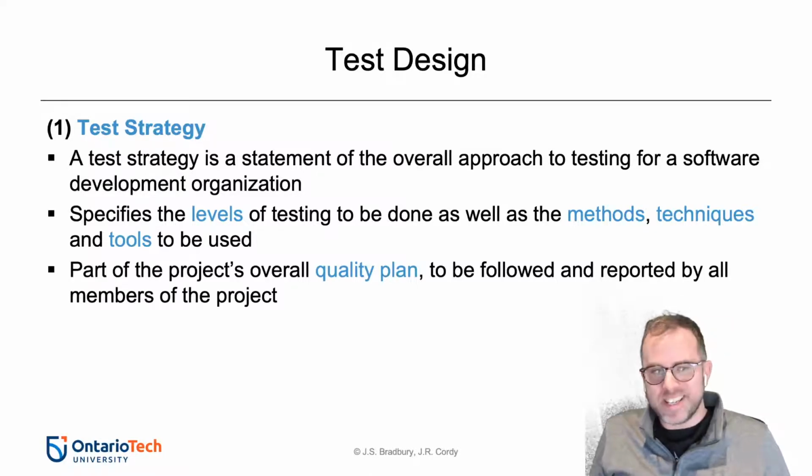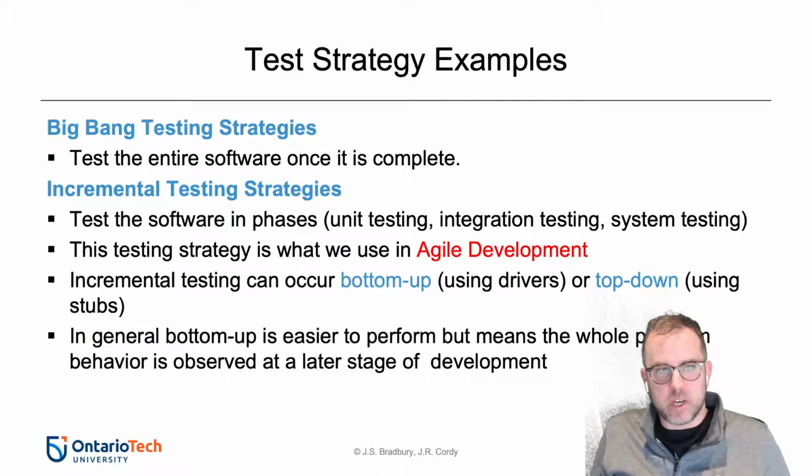So, what is an example of a strategy for testing? Well, one strategy, and these are really high-level strategies. A real strategy description will include a lot more detail, but I just want to give you a general idea. One way of thinking about testing as a strategy is what we call Big Bang testing.